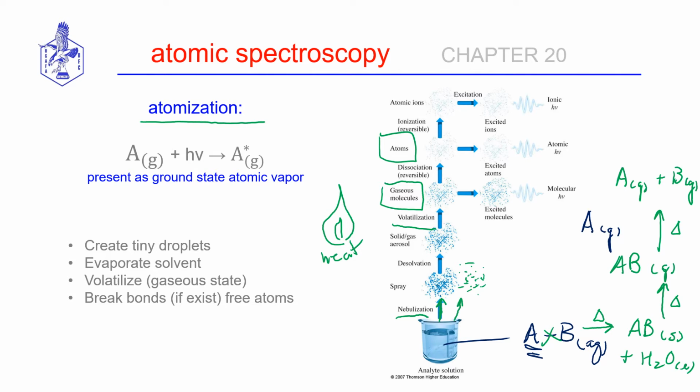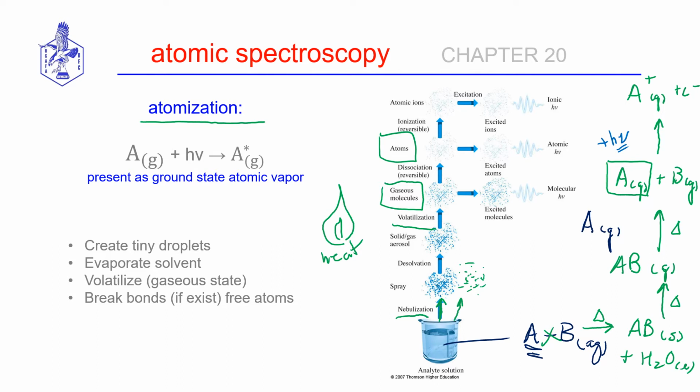Okay, it is undesirable to continue this process and ionize my species. That is not desirable because only this species, the ground vapor atomic state, is going to be able to absorb the characteristic wavelength that I wish to measure as an absorption, or at some point excite it and drop it back down to the ground state.